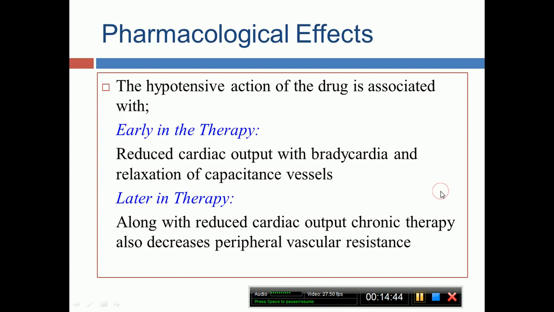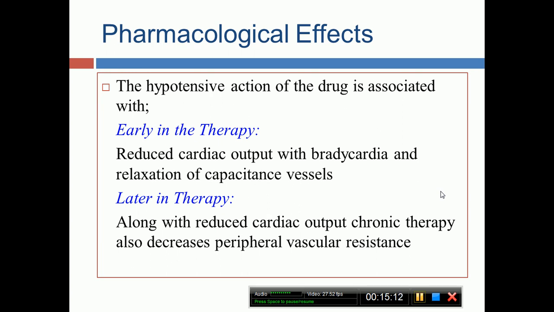Guanethidine pharmacological effects. The hypotensive or antihypertensive effect of the drug is associated with, if you go back to the pathophysiology, reduced cardiac output with bradycardia. Bradycardia is the lowering of heart rate. It decreases the heart rate, and causes relaxation of capacitance vessels.